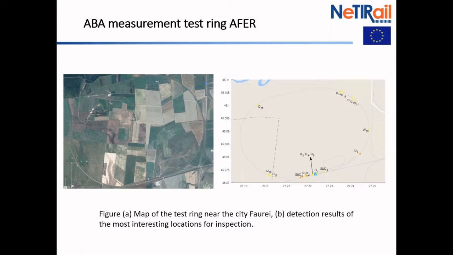That is the conventional speed in the Netherlands, and we are used to measuring at that speed. But in the test rig, for the first time, we could reach even 200, 220 kilometers per hour. That's already, we could say, a high-speed measurement.